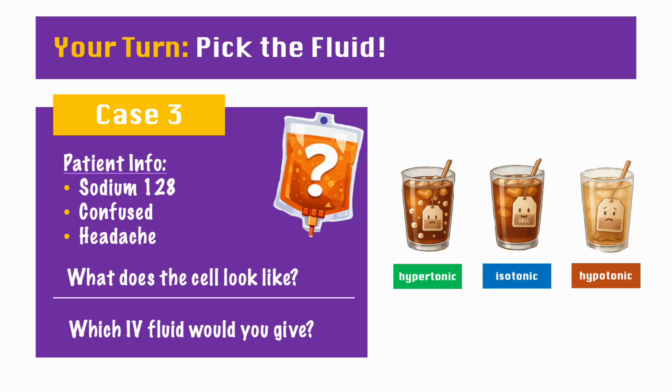Now, if your cell is swollen and enlarged, what sort of IV fluid do you want to give? If you said that you would give hypertonic solution or hypertonic IV fluid, you are correct. So think about that cell is full of water. It's basically drowning. We don't have a lot of concentration of sugar or even sodium in this case.